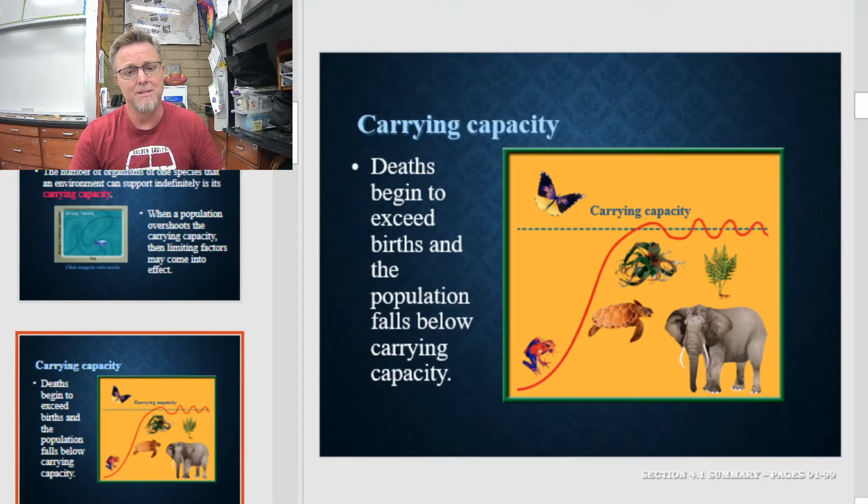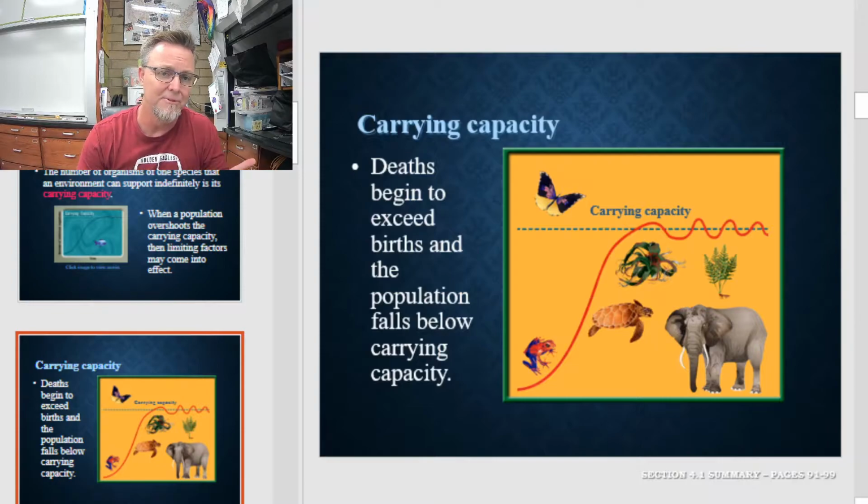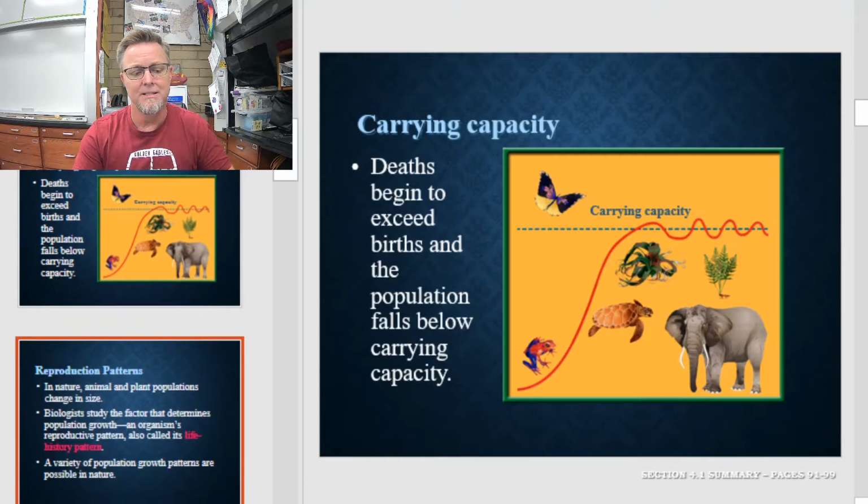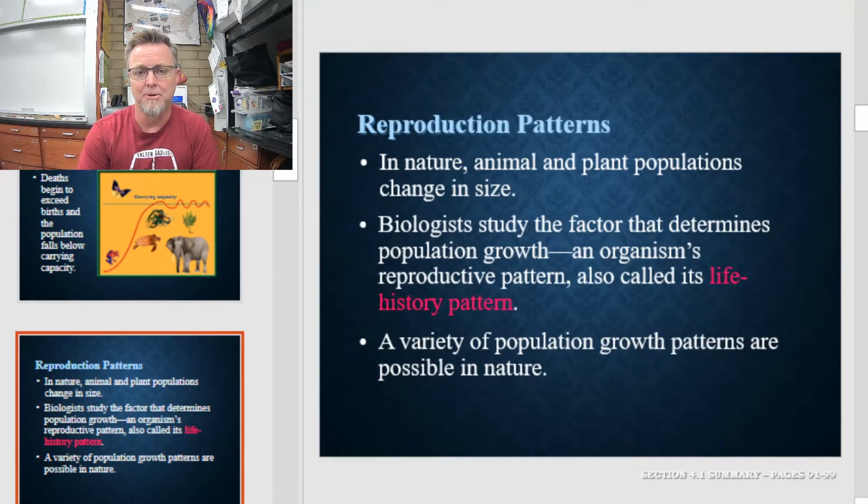Now, of course, if something dramatic happened, like famine, a severe drought that goes on for years and years that leads to that famine, well, then you could drop that line significantly below carrying capacity. But if it's a healthy ecosystem with good biodiversity, the individuals will work their way back and not just go extinct.